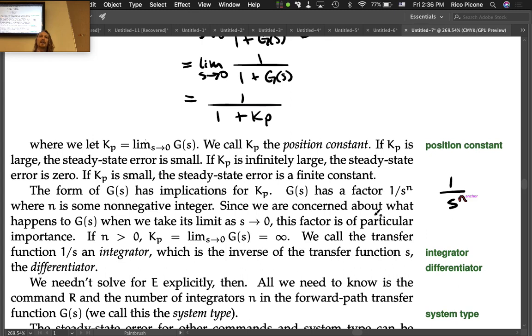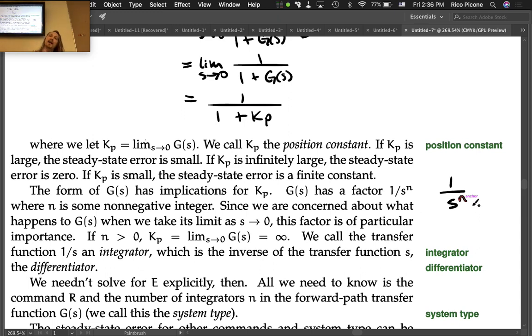That's why I say that g always has this factor in it, because you can always set n equal to 0, in which case it's just a factor of 1. Otherwise, these s's are things you can factor out of the denominator, right? These s's can be factored out of the denominator, and that is what we're looking at here, these factors of 1 over s. Since we're concerned about what happens to g when we take the limit as s goes to 0, this factor is of particular importance.